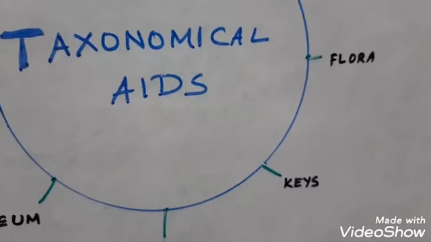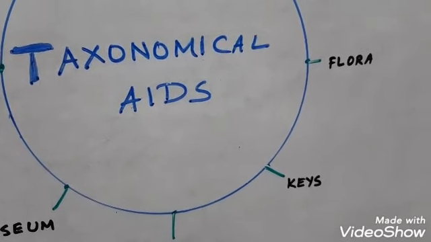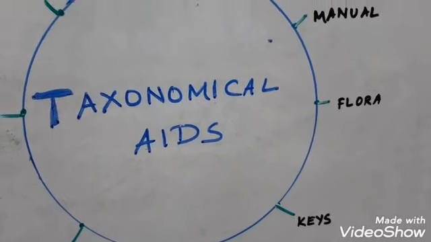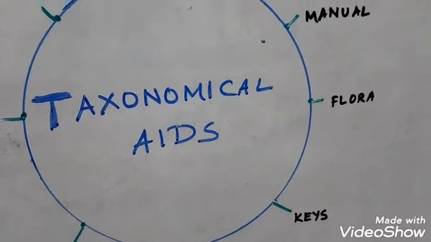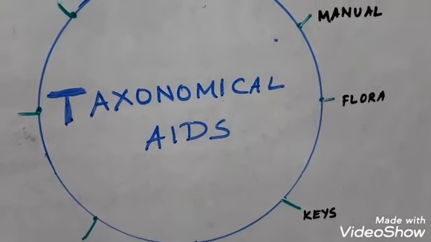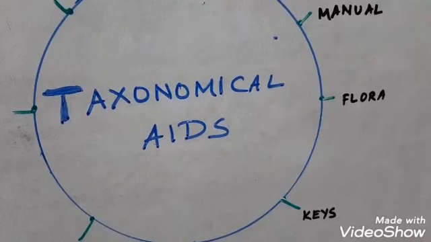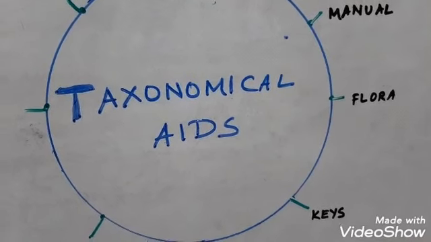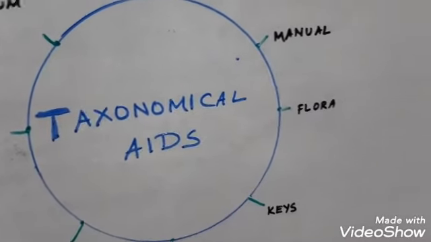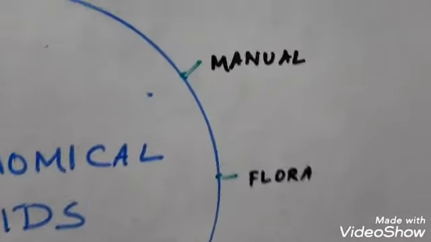Now each statement given in a key is called a lead. L-E-A-D, lead. So every statement in a key is called a lead. I hope you understood this. So keys can be of two types, indented key and bracketed key.